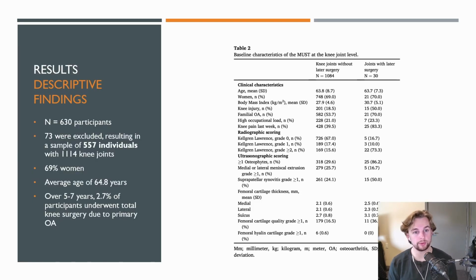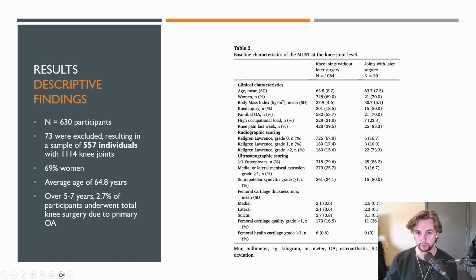As for the descriptive findings, there were a total of 630 participants, 73 of which were excluded, resulting in a sample of 557 individuals with 1,114 knee joints. I'm just going to quickly show you.